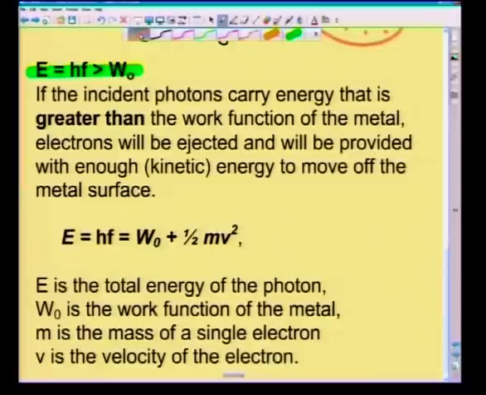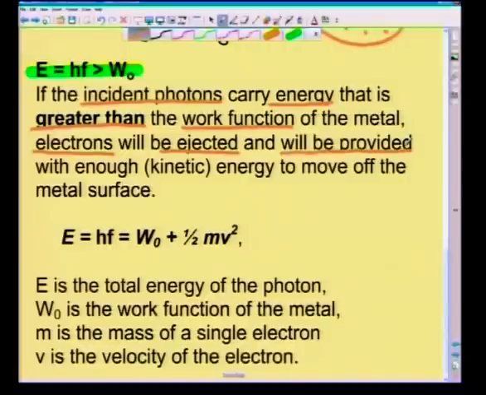If the incident photons carry energy that is greater than the work function of the metal, electrons will be ejected and will be provided with enough kinetic energy to move off the metal surface.